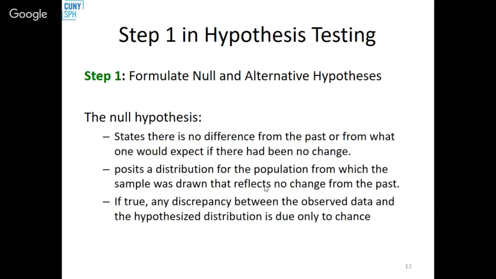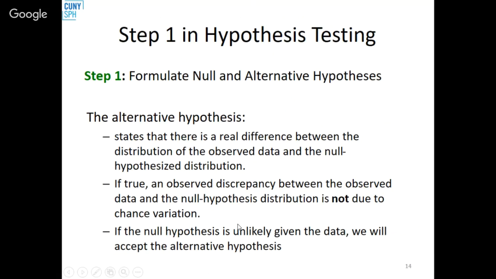That's a hypothesis. Of course, we can't know the truth because we don't know the population statistic, or the population mean, from the sample that we drew. We can only hypothesize this. And the alternative hypothesis states that there is a real difference. And if true, then that observed discrepancy is not due only to chance variation.